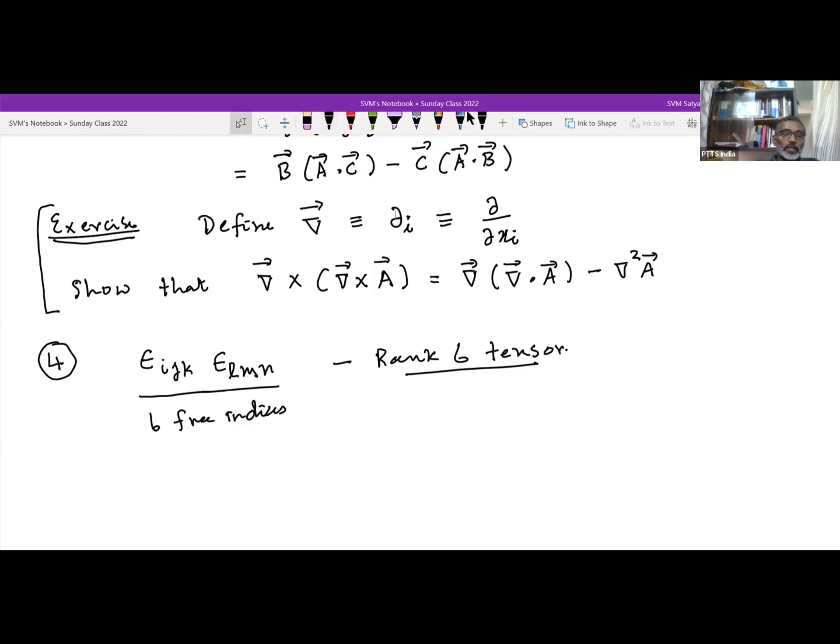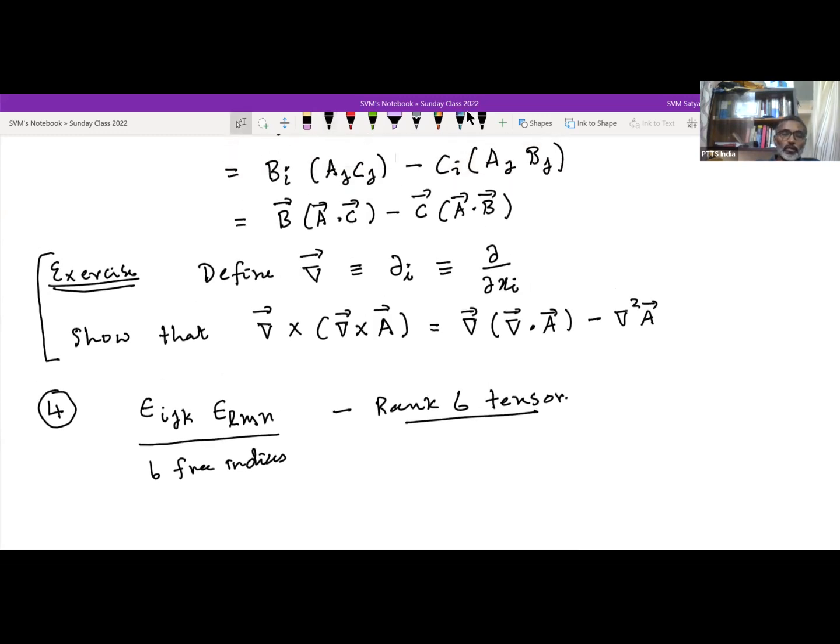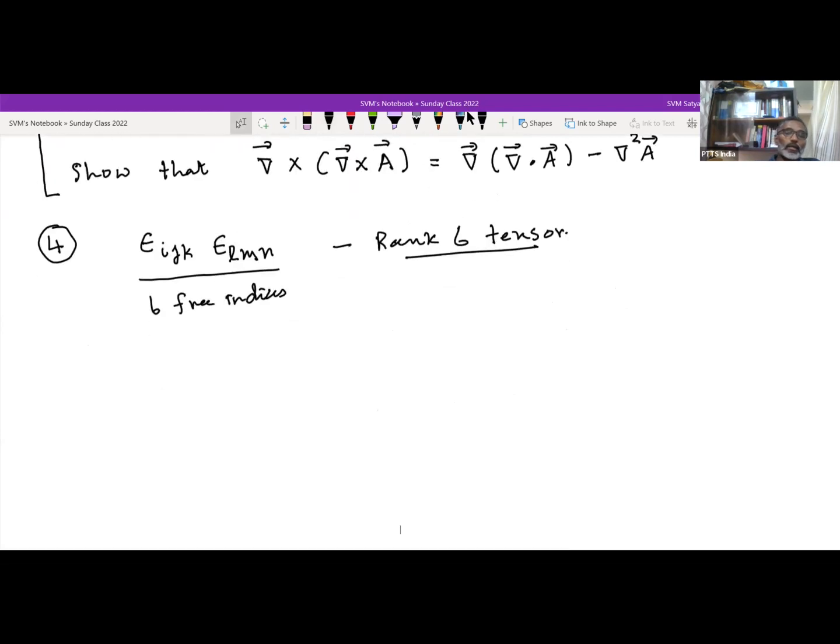Now you can ask a question: how do I write this? Suppose I fix I is equal to 1 and L is equal to 1. Then I can use the previous result, right?